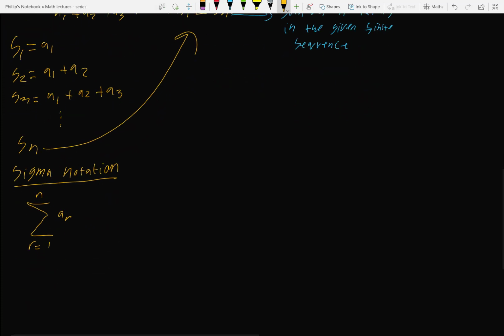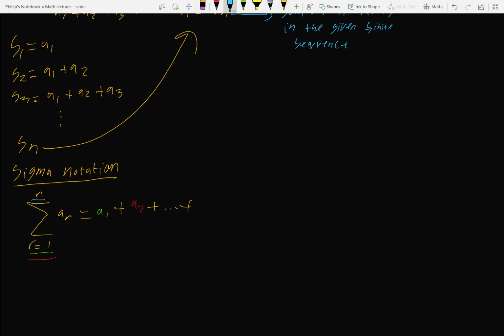So what we do is we go r equals 1, so then we do A1 plus, and then we say r equals 2, plus, and then we say r equals n, an.